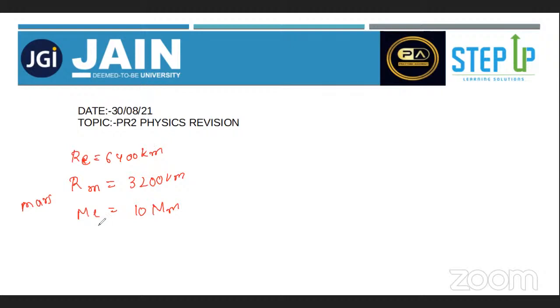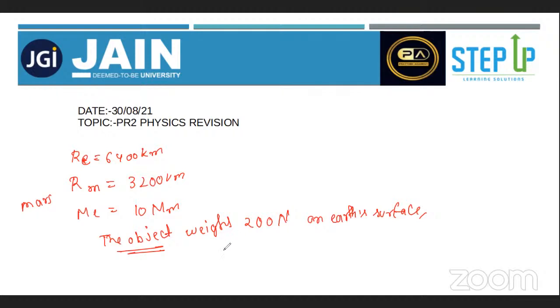Okay, this is the normal relation. The next line says the object weighs 200 Newton on Earth's surface. You need to find the weight of the same object on the Mars surface. On the surface of Mars, how much will be its weight?